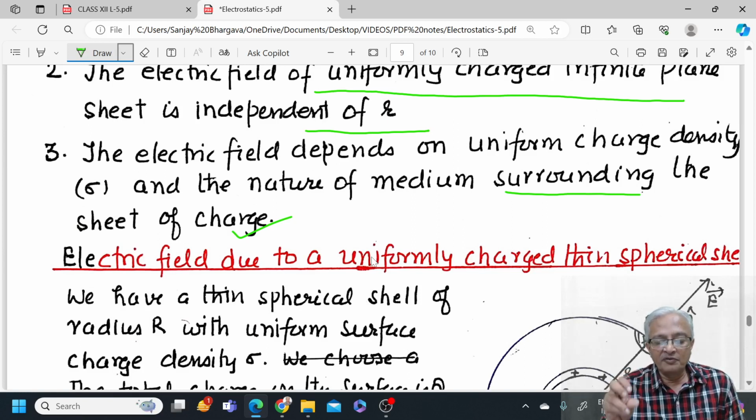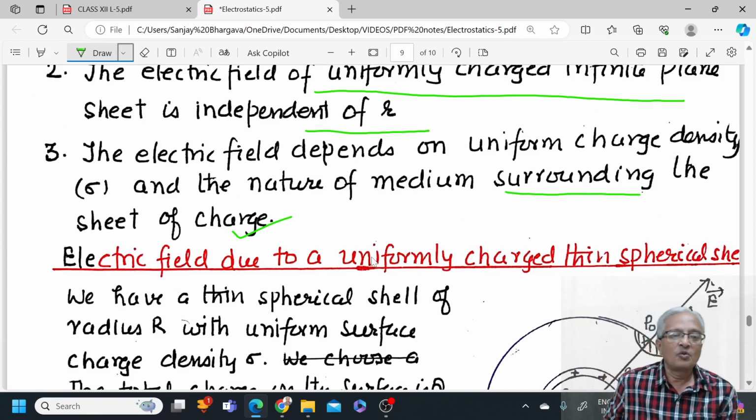The infinite plane sheet provides us a field which is independent of r and also uniform. Hope we are very clear about infinite sheet of charge, how to determine the electric field, and what are the properties of the electric field that has been produced by the sheet of charge.